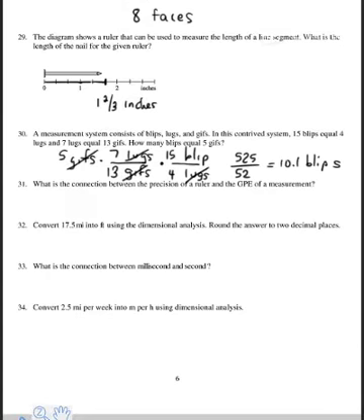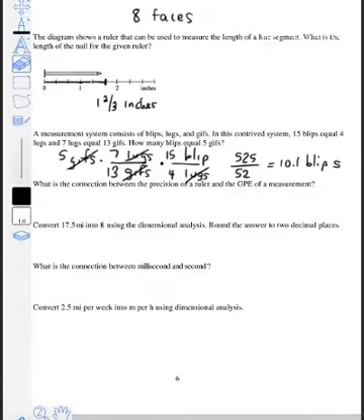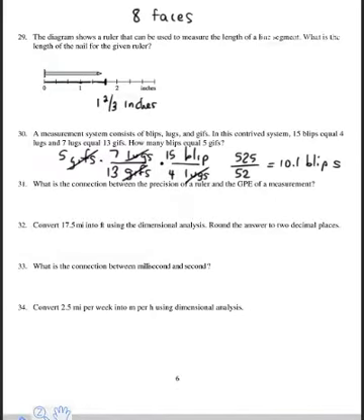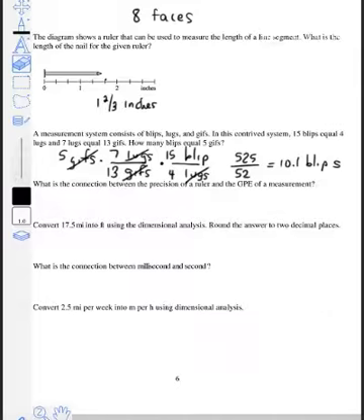Okay, what's the connection between the precision of a ruler and the GPE, the greatest possible error? This was back in 11.1. So, looking back at this nail problem up here, question 29, this nail wasn't quite all the way to 1 2/3 inches, but we had to round.